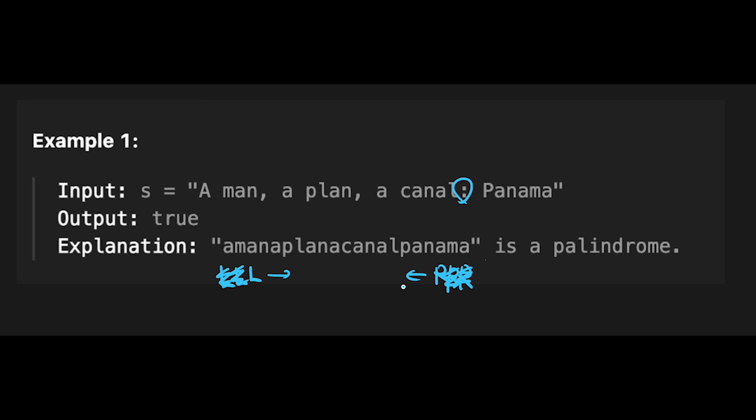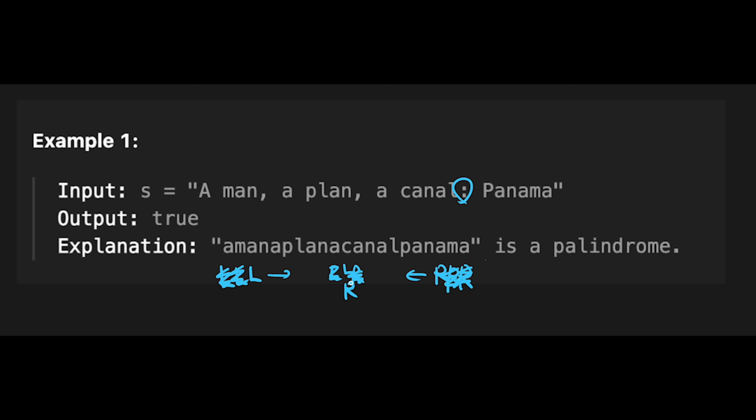And then all we have to do is just return true. In this other case, left pointer is here, right pointer is here, and A, and then move next. So left pointer points to C, and right pointer also points to C. They are the same, right?